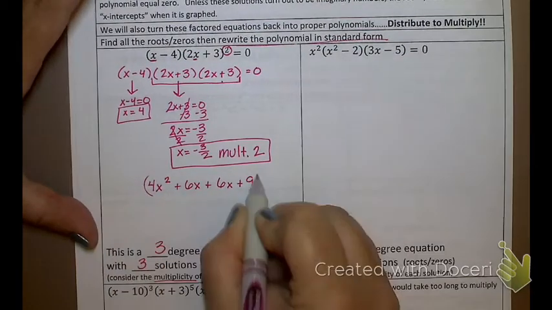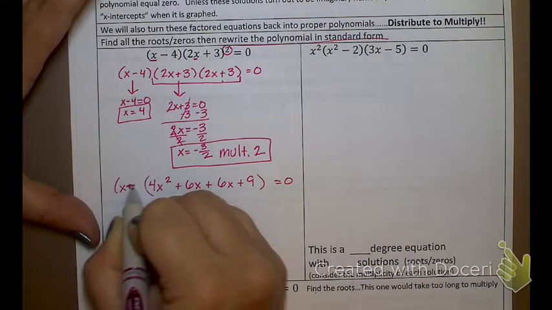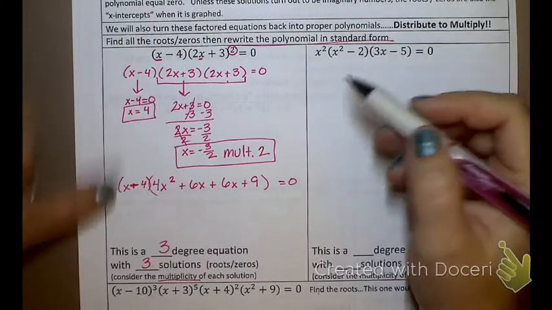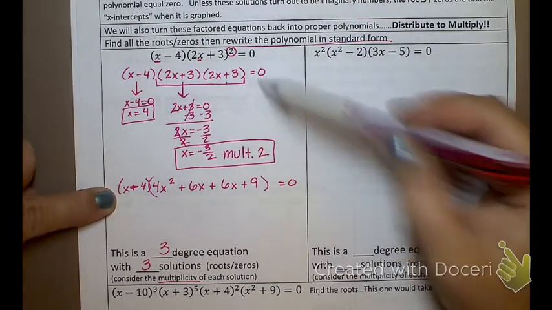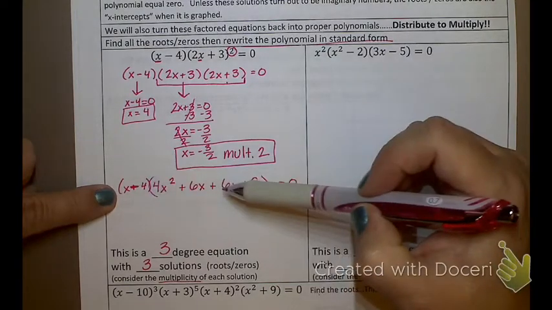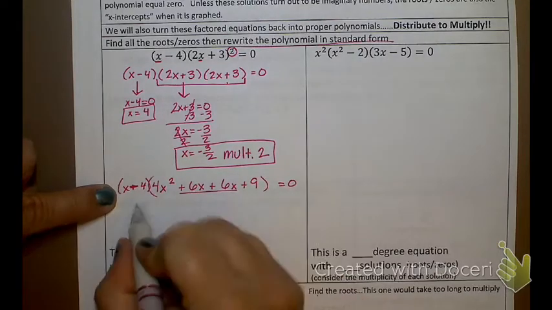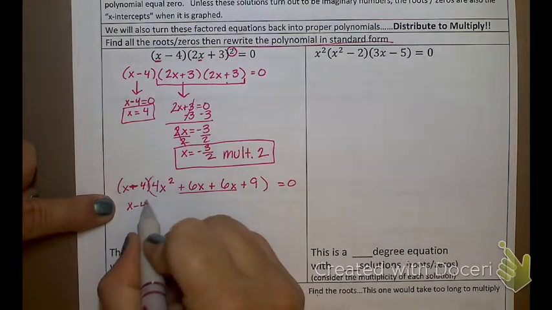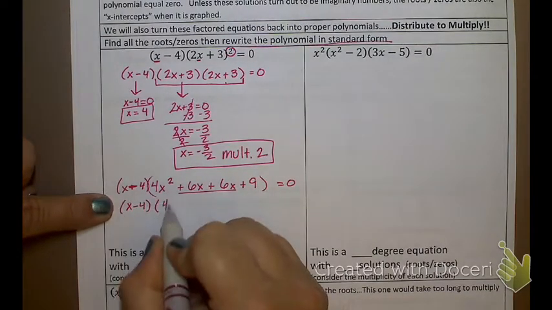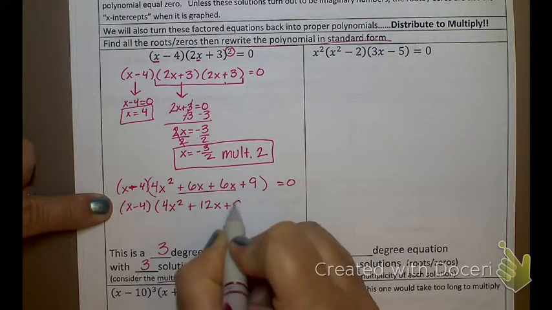Now, before I multiply that, sorry, x minus 4, let me write the rest of the problem because I haven't touched the x minus 4, and the equals 0 just comes along for the ride. Before I distribute the x minus 4 through there, I'm going to combine my like terms because that'll give me one less thing to multiply by. So I have x minus 4, and then 4x squared plus 12x plus 9.